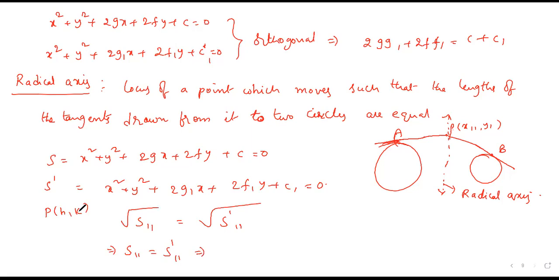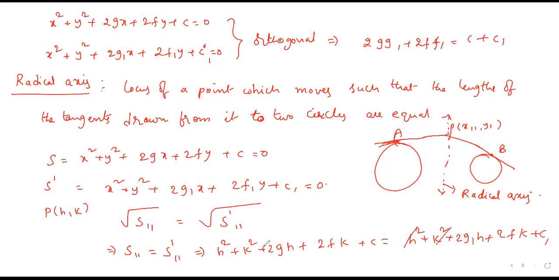Substituting this point in the first circle gives h square plus k square plus 2gh plus 2fk plus c equals h square plus k square plus 2g1h plus 2f1k plus c1.